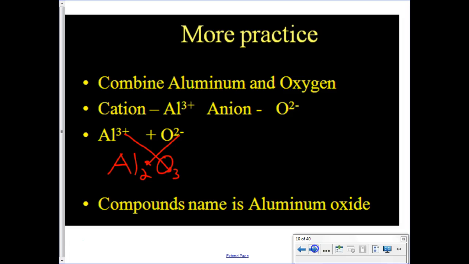Now you're not changing the charge on aluminum and you're not changing the charge on oxygen. Now you're saying you have 2 aluminums that carry a +3 charge, and now you add them to 3 oxygens that carry a -2 charge. So that's +6 plus -6 equals 0.